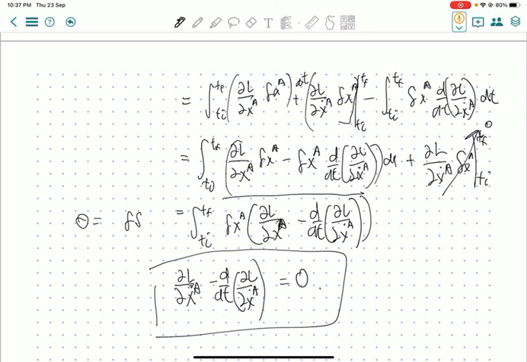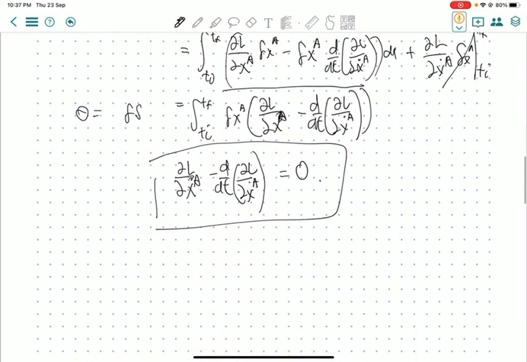To finish the proof, we need to show that these Lagrange equations are equivalent to Newton's formulation. So we see that partial L over partial X dot A equals the momentum, the canonical momentum here. So this is the force.